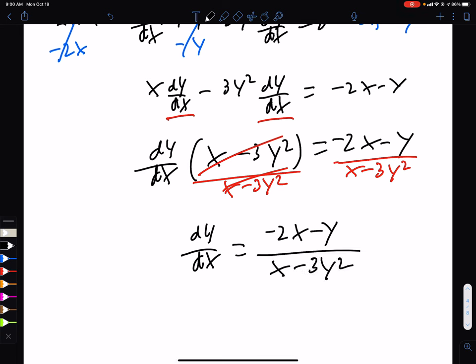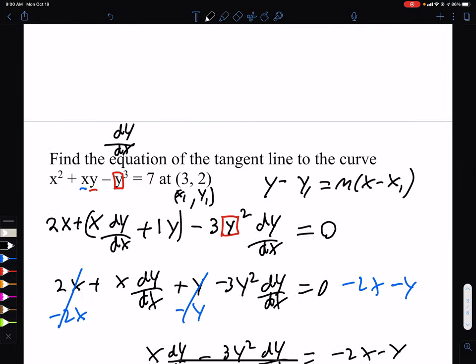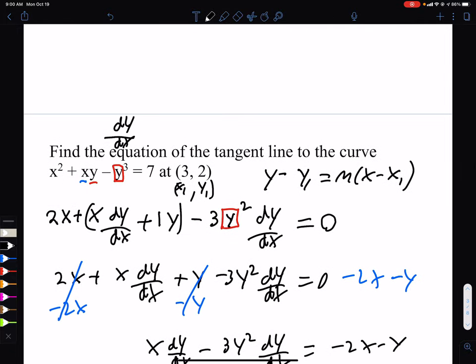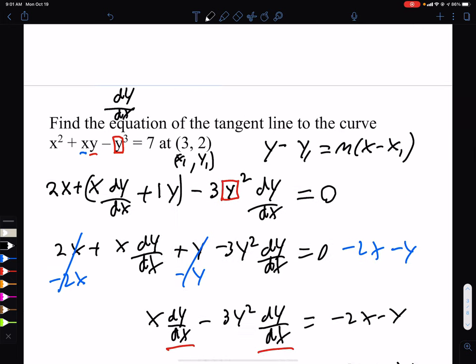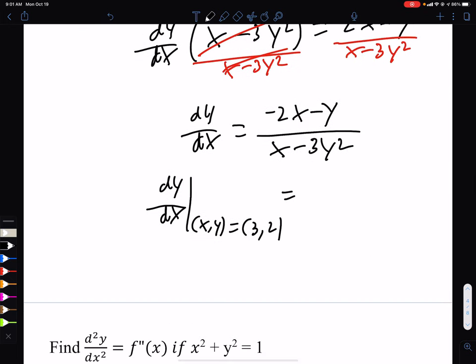Now we wanted the slope to solve this equation here, right? We had x1, y1, we just need the slope. So I need to find the derivative at 3, 2 to find the slope. So how do I write that? I write it like this, dy dx at the point where x, y equals 3, 2, make sure that's right, and I replace the x's with 3 and the y's with 2.